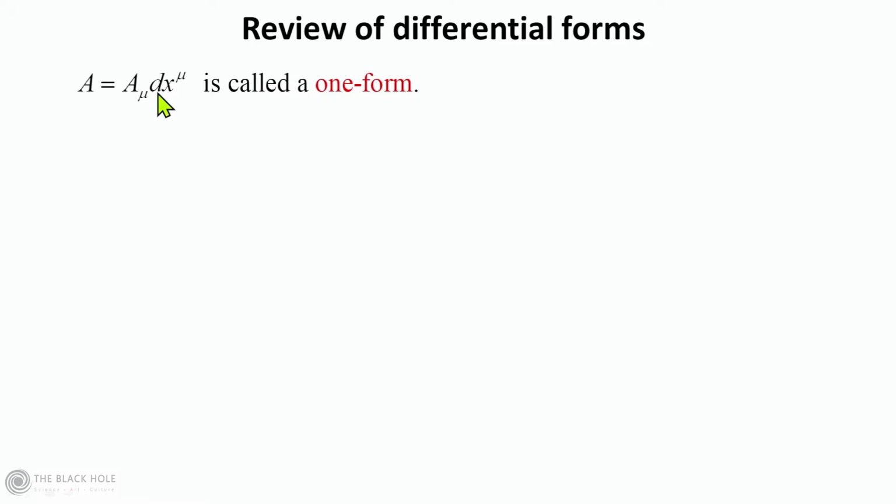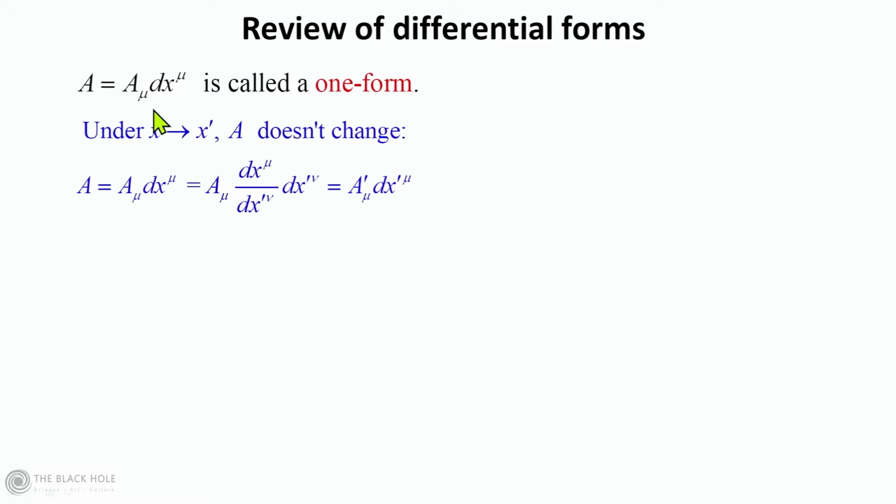We multiply it by dx mu. This is a differential. And now you see there are no indices left because we've contracted on mu, which goes over 0, 1, 2, 3, or however many dimensions there are. The good thing about A is that it doesn't have any indices.